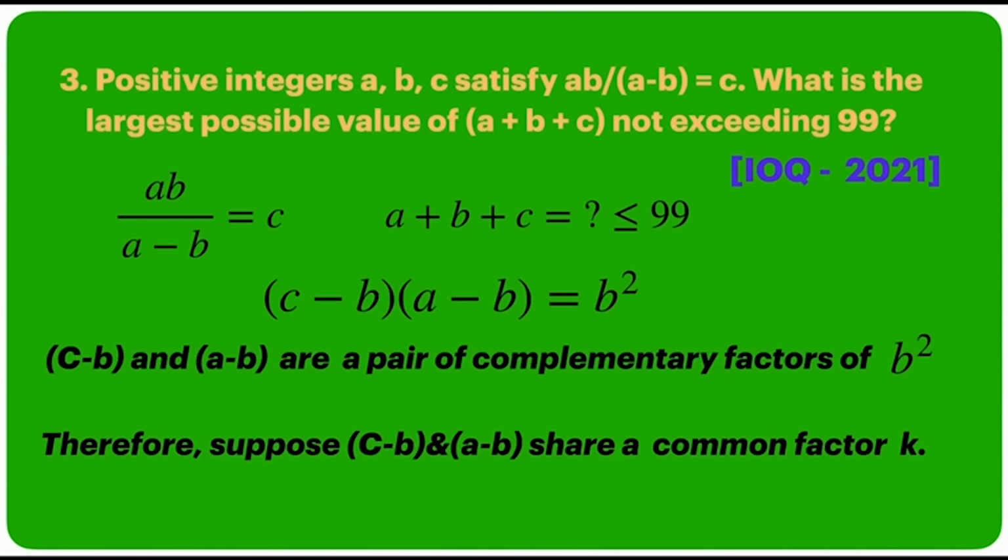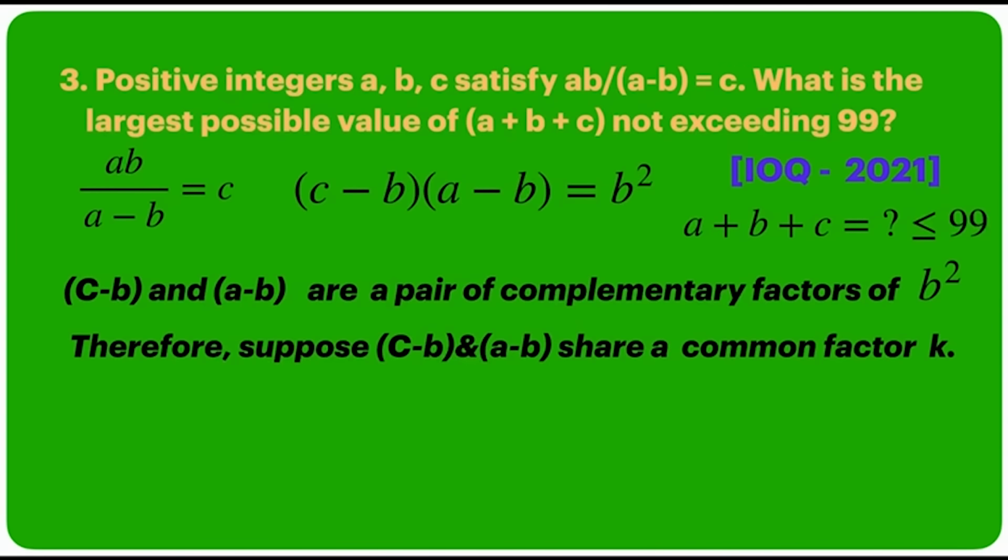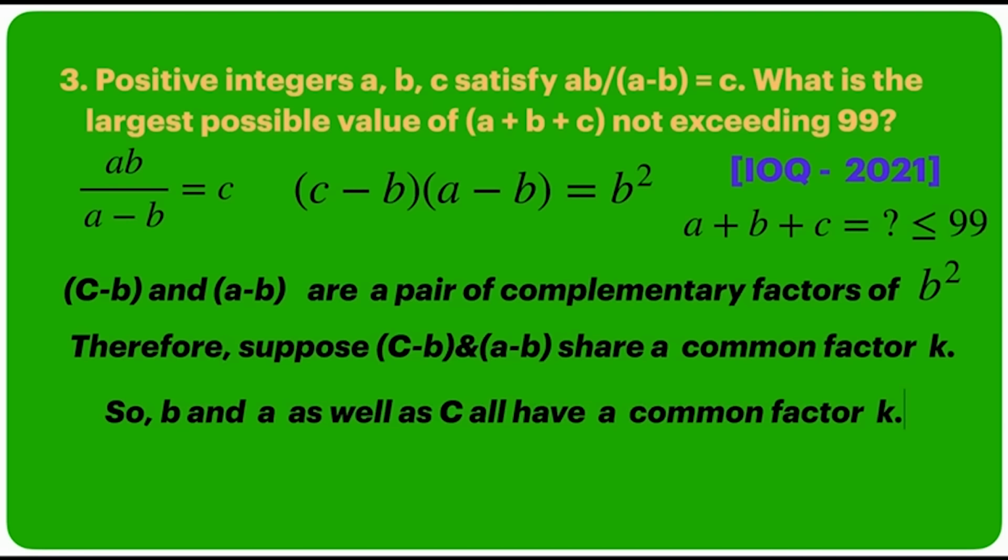So k is the common factor of both b, a and c, because here c minus b and a minus b will give the sharing factor of b square. So c and a also have the sharing factor, likewise, and therefore b and a and c, all these three variables will have a common factor, that is k.